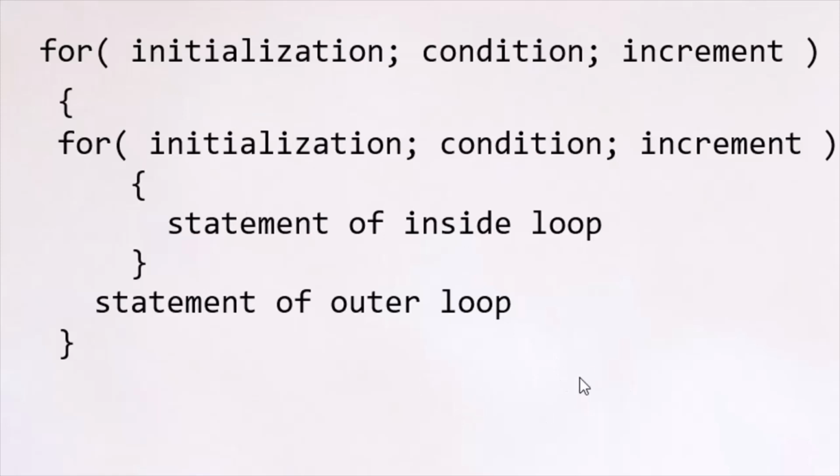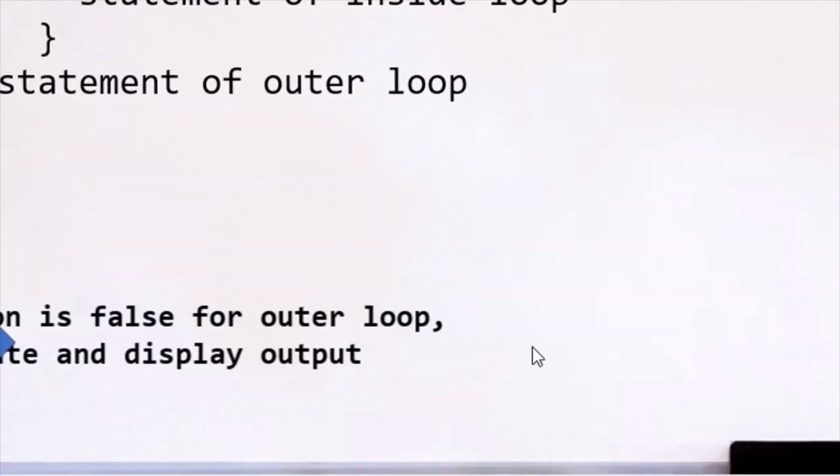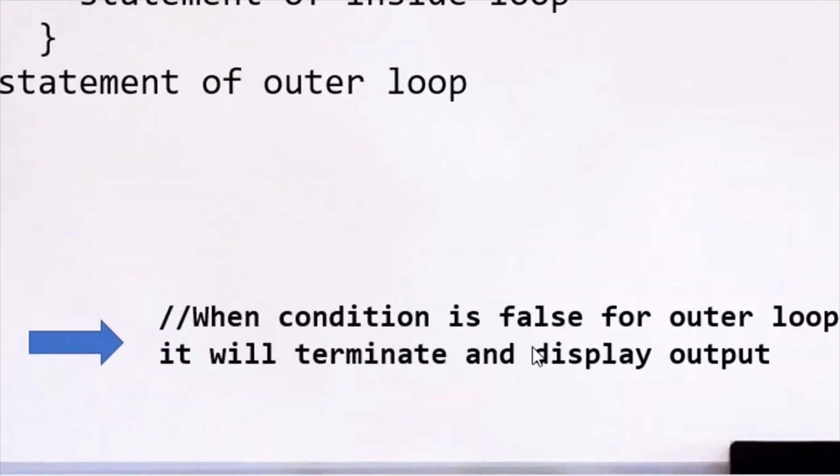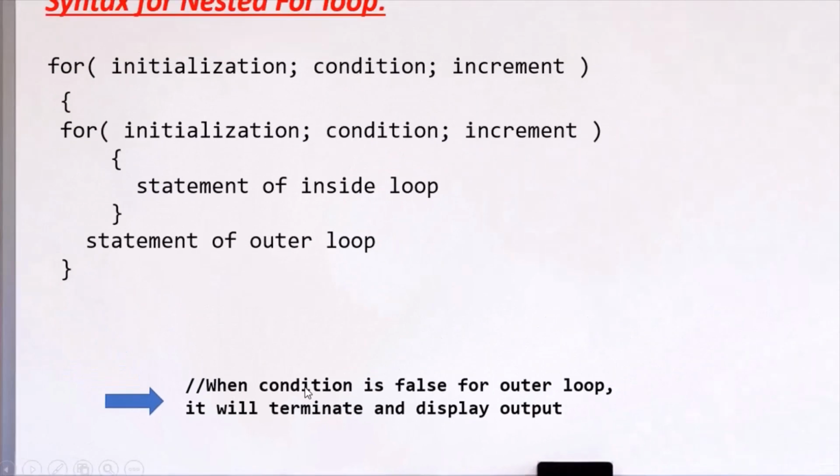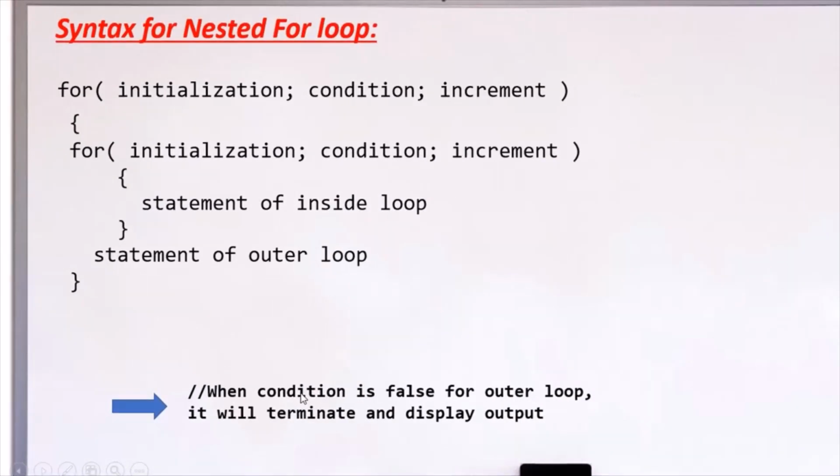Nested while and do while are a little bit complicated, but for is very clear because all the conditions, initial values and increments are on the same single line, isn't it? One thing you have to remember always: when the condition is false for the outer loop, it will terminate and display the output. Till then, the inner loop will reset every time. The outer loop will get the value, then it goes to the inner loop, and then it will reset again.